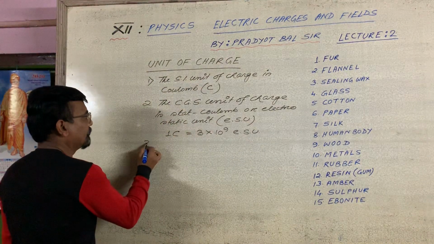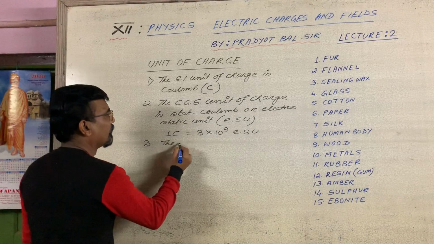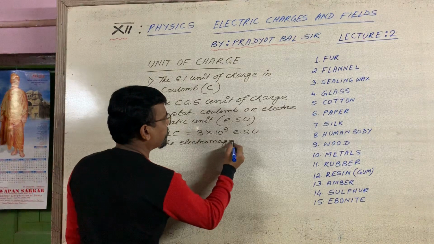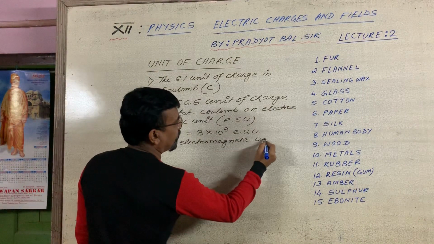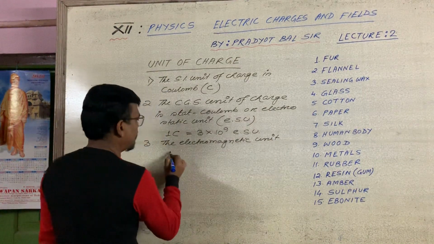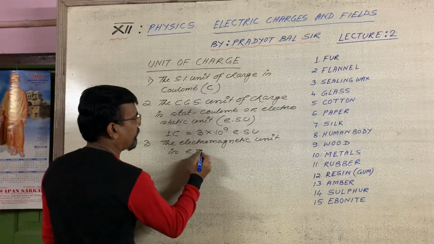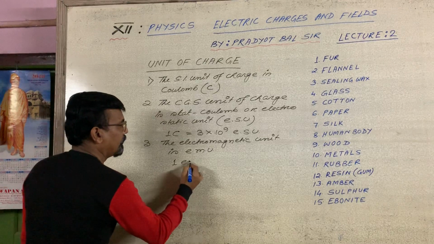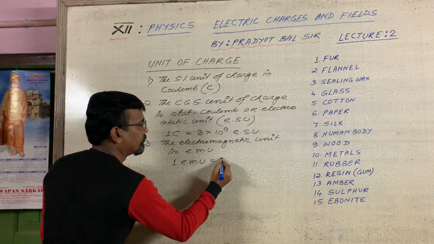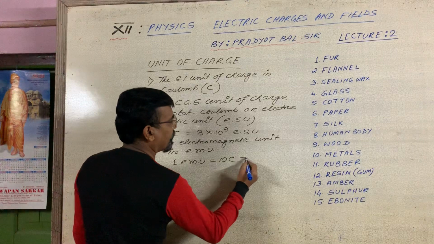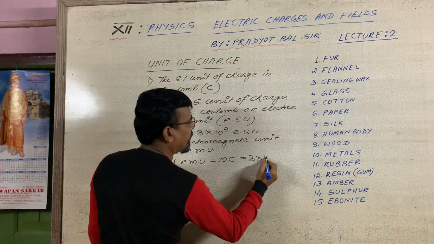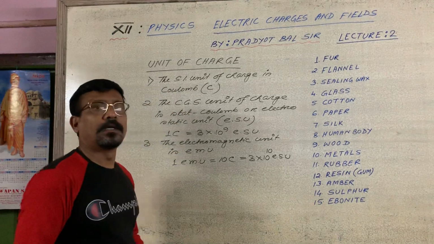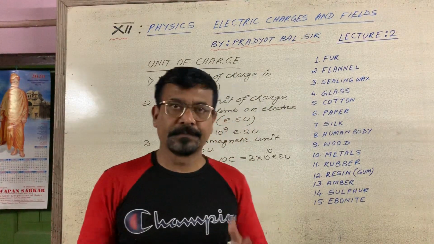The third unit is the electromagnetic unit, EMU. You must know 1 EMU is equal to 10 Coulomb, which is equal to 3 into 10 to the power 10 ESU. This is the third unit we have.